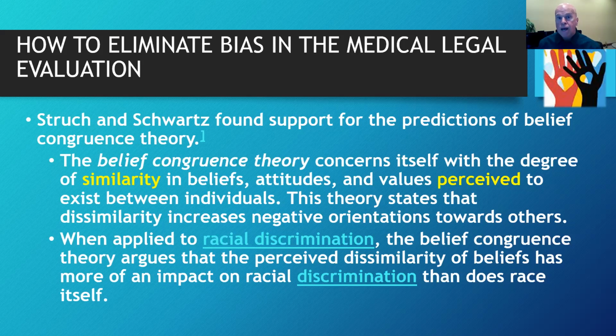And do we not have injured workers that we sit across from face to face in the evaluation who have dissimilar beliefs from that which we have? We do. Many of them have very dissimilar beliefs than what we do.